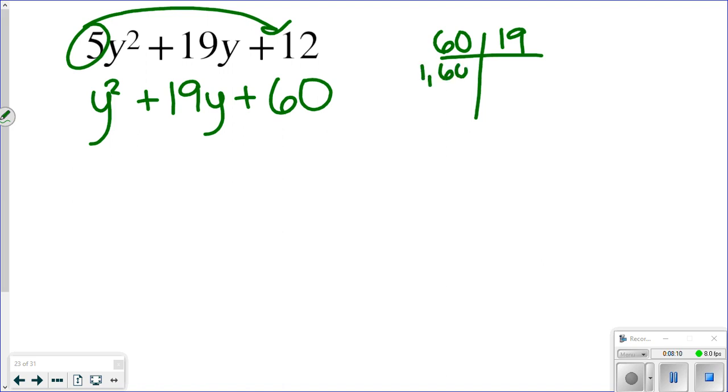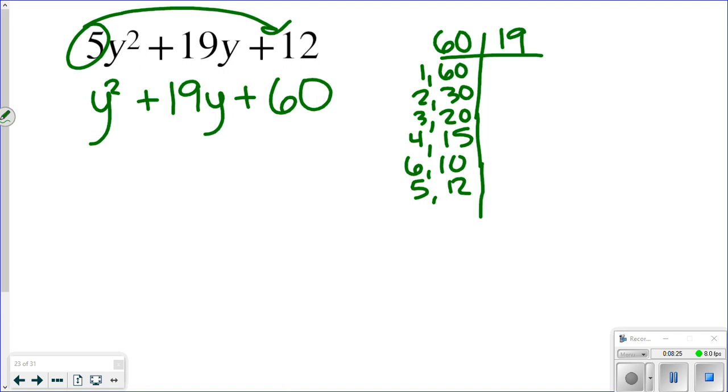So use your factor chart, multiplication table. Both of them need to be positive, and we get y plus 4 and y plus 15.